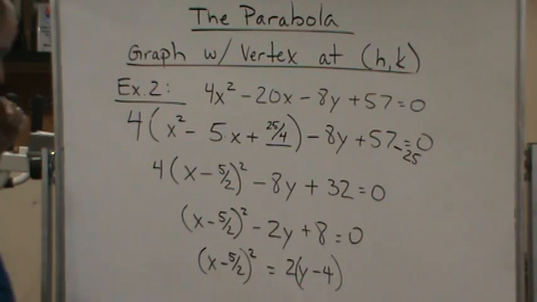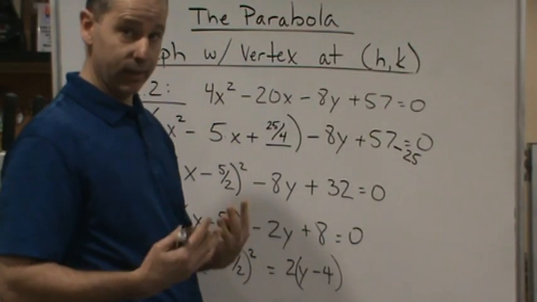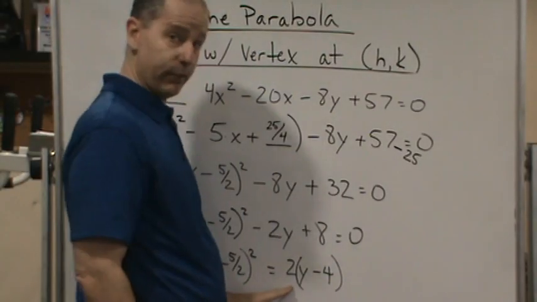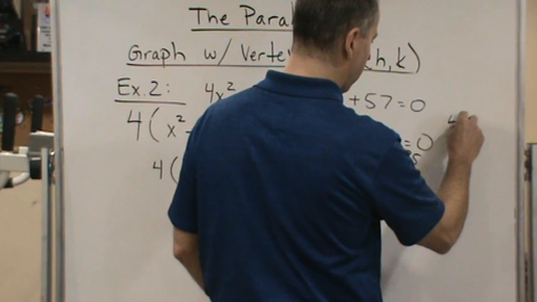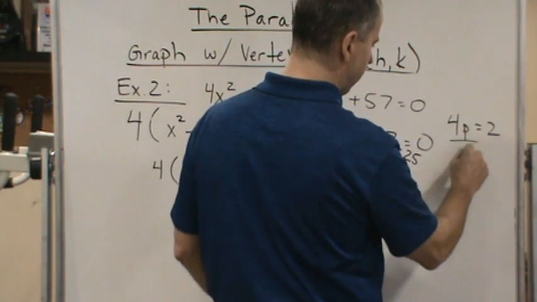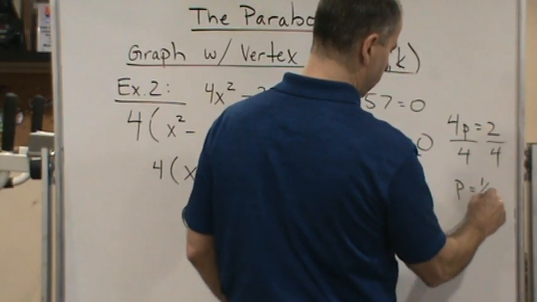Now, this 2 has to be my 4 times p, right? So if you can't figure it out or can't see what it is, set it up. I know that 4p must equal 2. So if I divide both sides by 4, I get p is equal to 1/2.